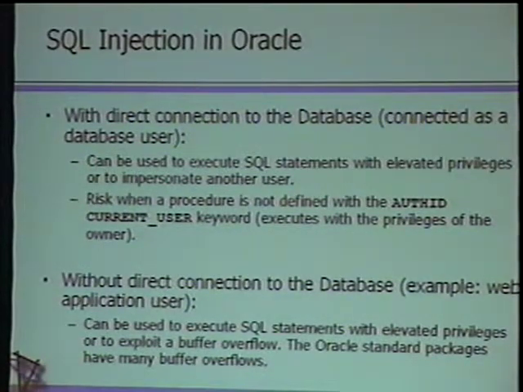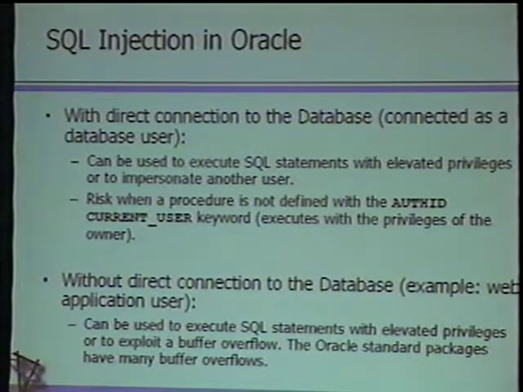But now we will focus on SQL injection attacks in Oracle. It can be divided into two groups. First, when the attacker is connected directly to the database as a database user, it can be used to elevate privileges or to impersonate another user.